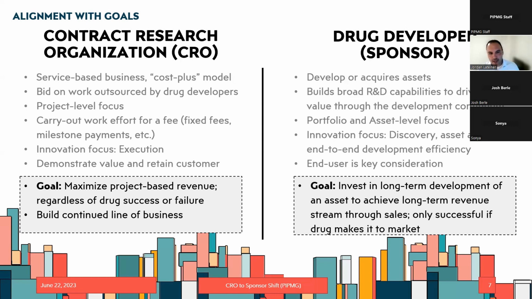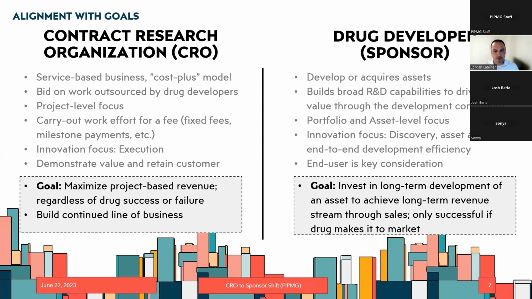When we think of the innovation focus on the CRO side, we think about their ability to execute as quickly and efficiently as they possibly can in that one particular project. Whereas with the drug developer, a lot of the innovation historically has been focused on drug discovery, perhaps picking the right assets to acquire, and more broadly, the end-to-end development efficiency.